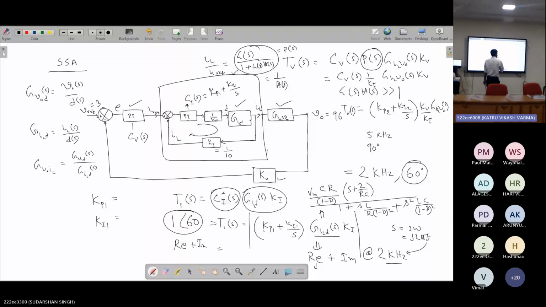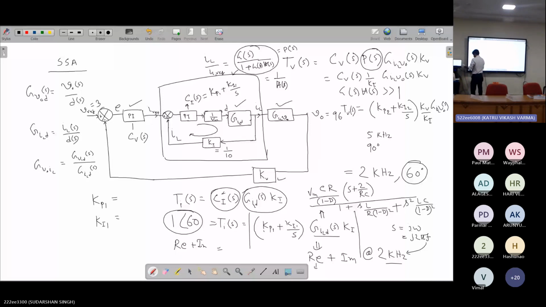Now there is one point that I want to make here. This V0 by D, as already told, has a right half plane zero. You can understand the denominators of both these transfer functions will cancel when we are finding V0 by IL. So we will only get the numerator of the transfer function, which has a right half plane zero, divided by the numerator of the current transfer function.